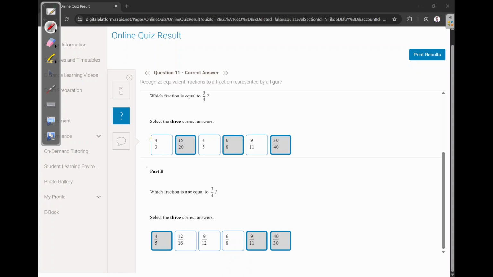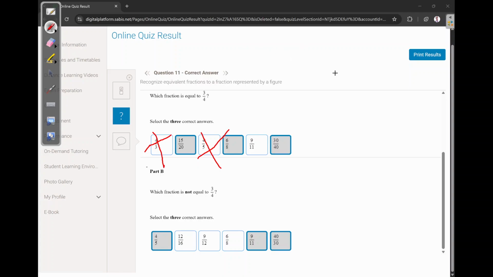It's correct. This one, 4, it cannot be 3, and 3 cannot times to 4. So this one is incorrect. 3 cannot get to 4, and 4 cannot get to 5. So this one is wrong.